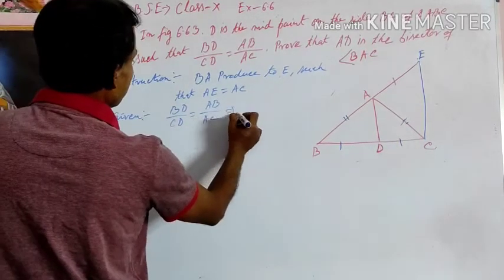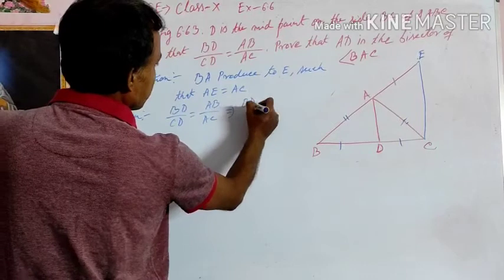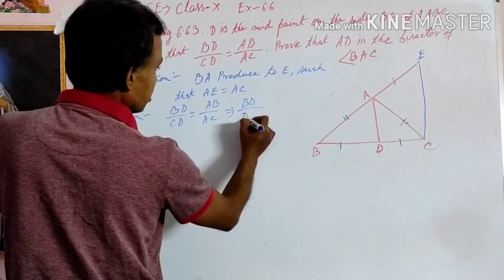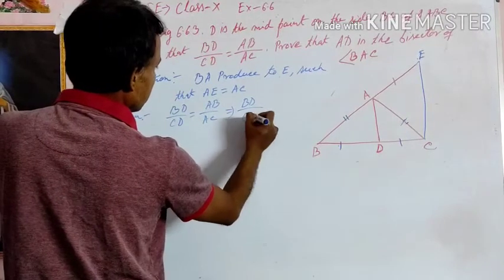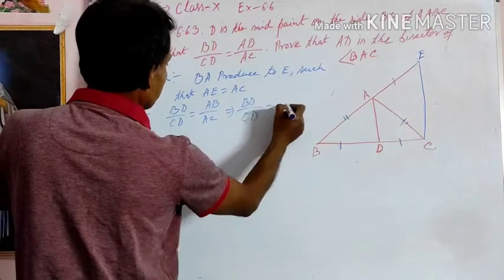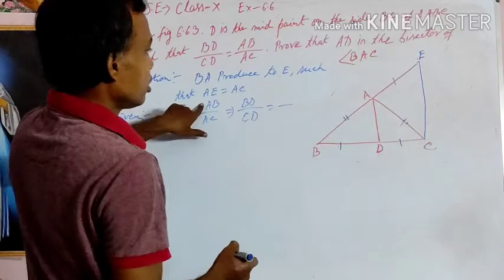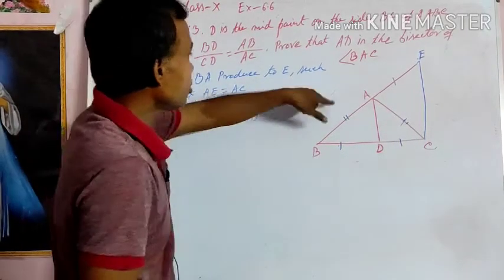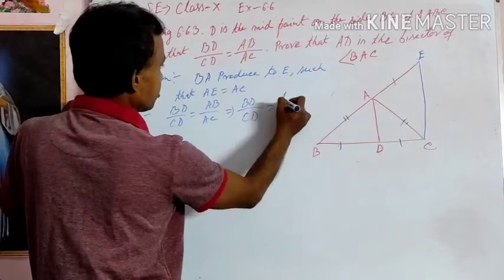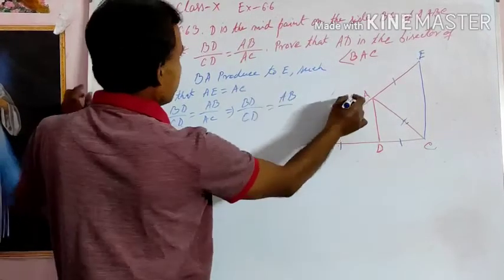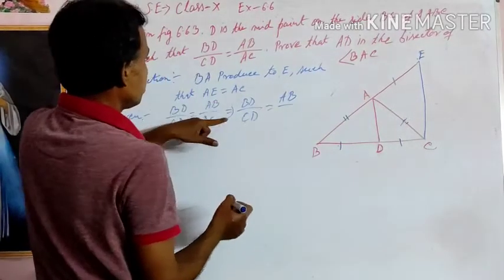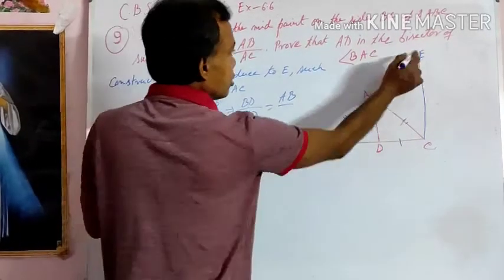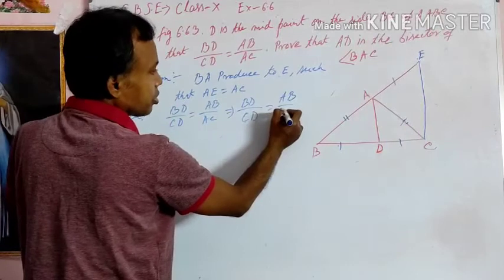Since AC is equal to AE, we can write AE in place of AC.